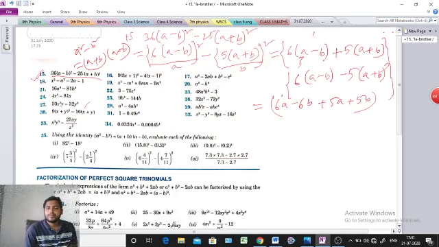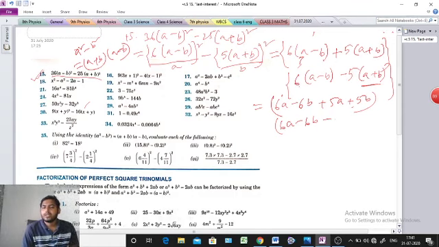Will come. Clear? Understood? We are only removing the first bracket, and if we remove the first bracket, what is inside and outside of the bracket will be multiplied. That is the thing. Okay, next portion also: 6a minus 6b, there 6a minus 6b minus, see here 5 is outside and the bracket is (a plus b). So if we remove the first bracket, that minus 5 will be multiplied with a plus b.